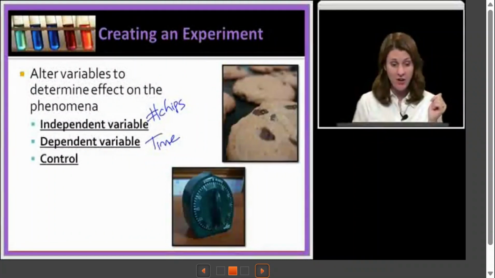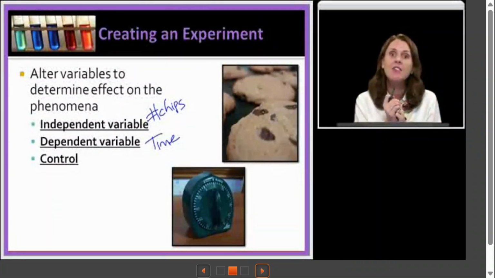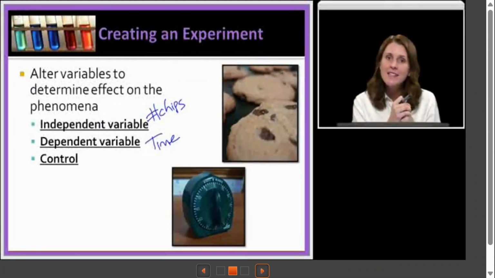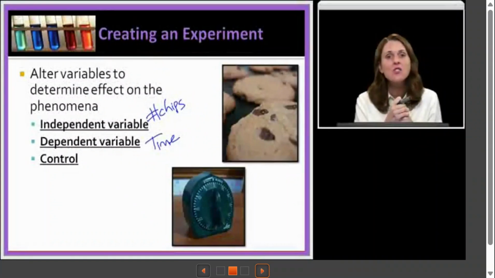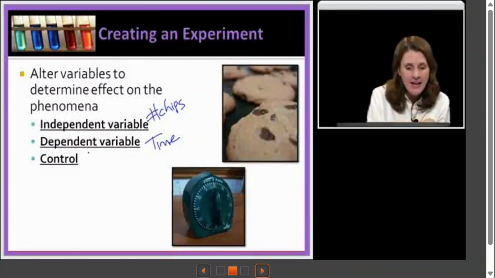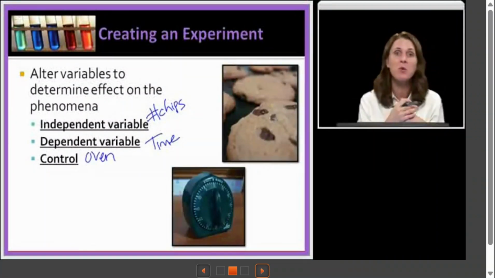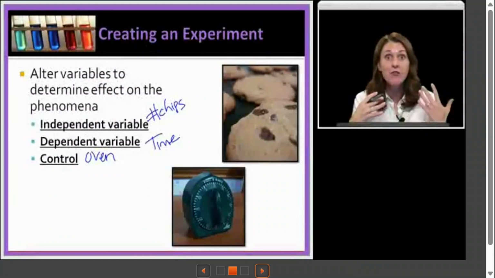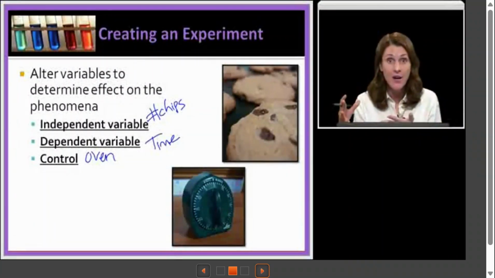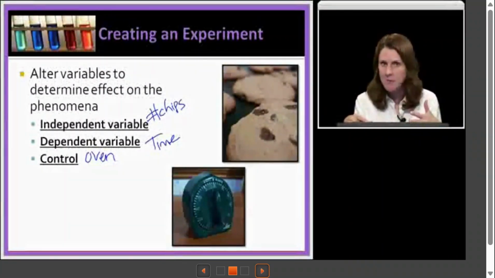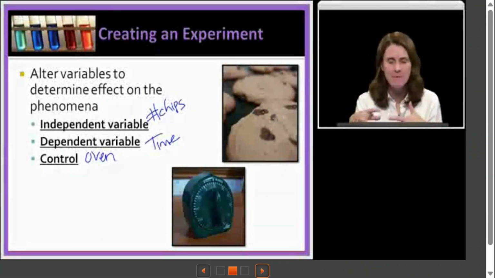Those are our variables. Now, we also need to have controls in our experiment. What do we mean by controls? Well, we need to keep other factors constant, so we're sure that it's the number of chocolate chips that's causing the change to our baking time. So for example, one control in this experiment would be to use the same oven for all of your trials, right? We don't want to use different ovens because we don't know if that's affecting our baking time.